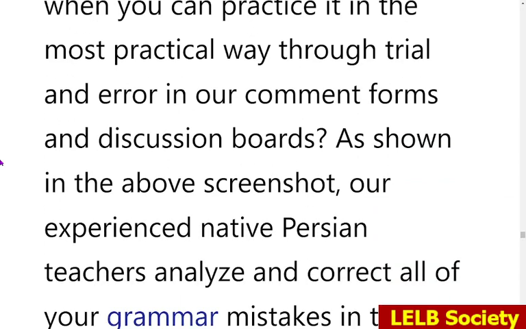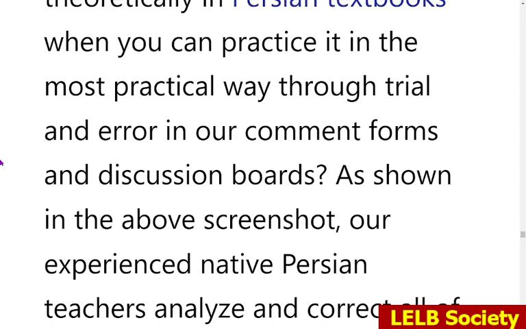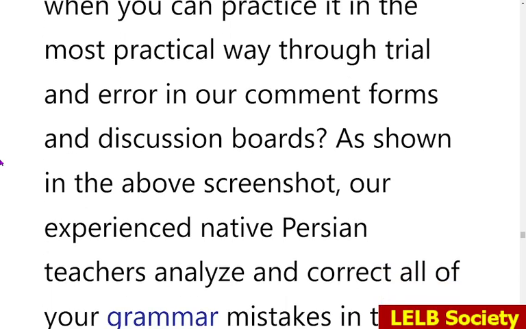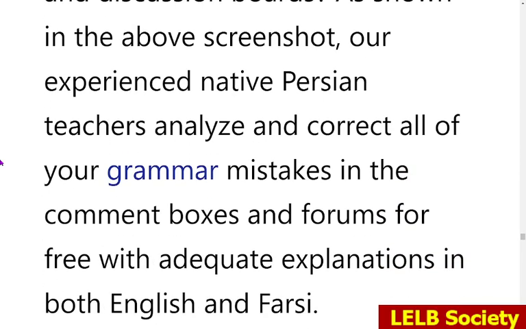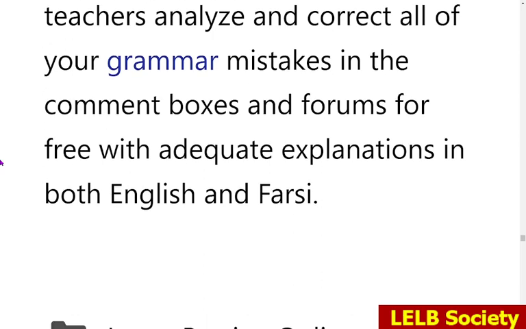As a matter of fact, this is a rhetorical question, because the answer to this question is already clear. Our approach is much more practical than learning Farsi or any other language grammar necessarily through textbooks. As shown in the above screenshot, our experienced native Persian teachers analyze and correct all of your grammar mistakes in the comment boxes and forums for free, with adequate explanations in both English and Farsi.